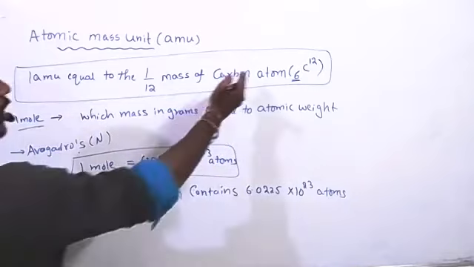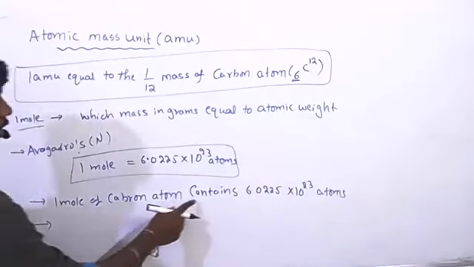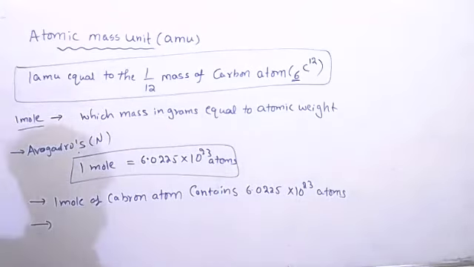Atomic weight of the carbon atom, how much? 12 AMU. So in 1 mole, how many atoms will be there according to Avogadro? 6.022 into 10 to the power 23. In 1 mole of carbon atom, that many atoms.